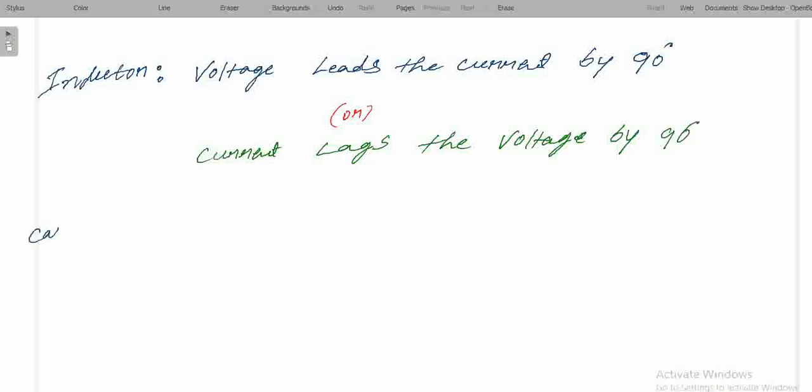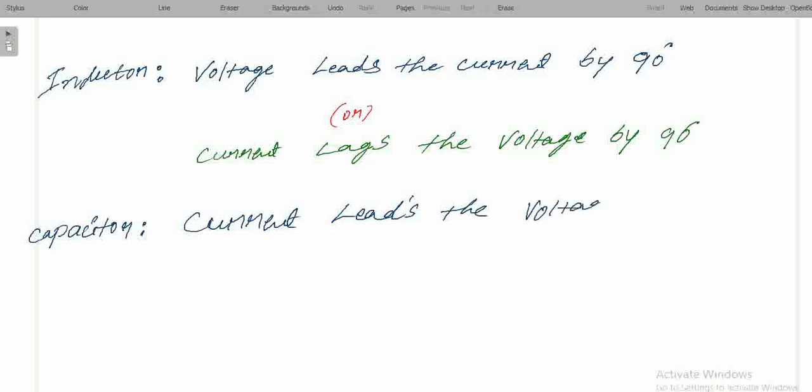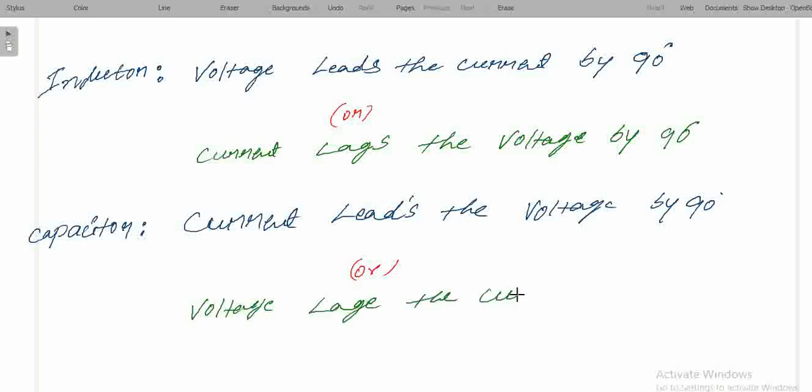For capacitor, current leads the voltage by 90 degrees, or voltage lags the current by 90 degrees.